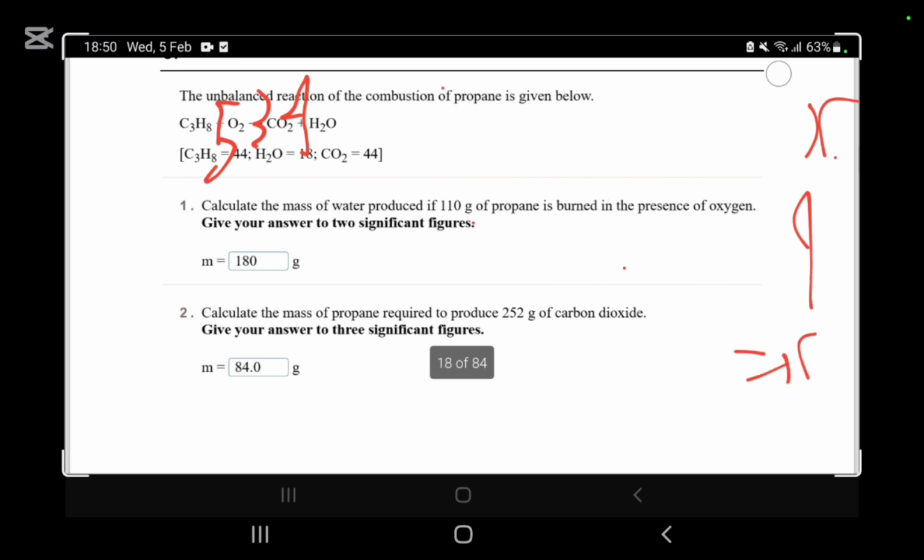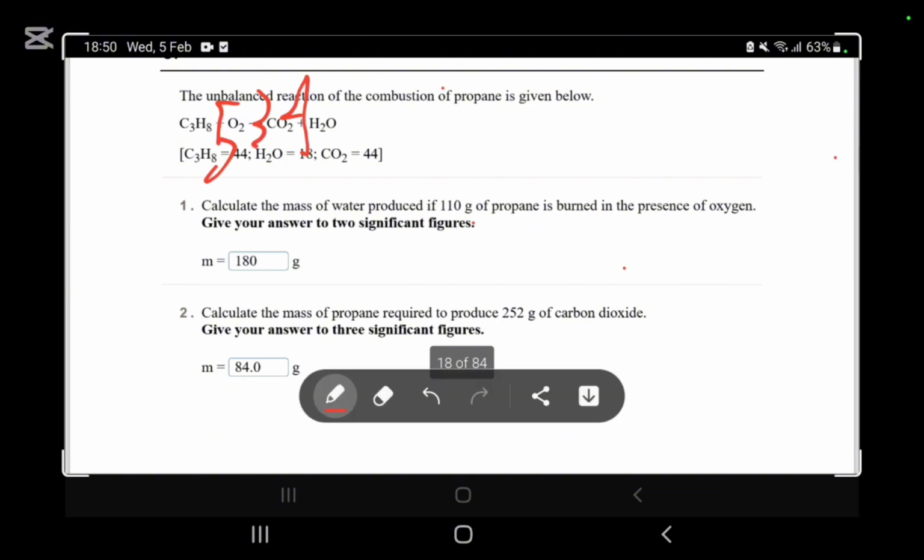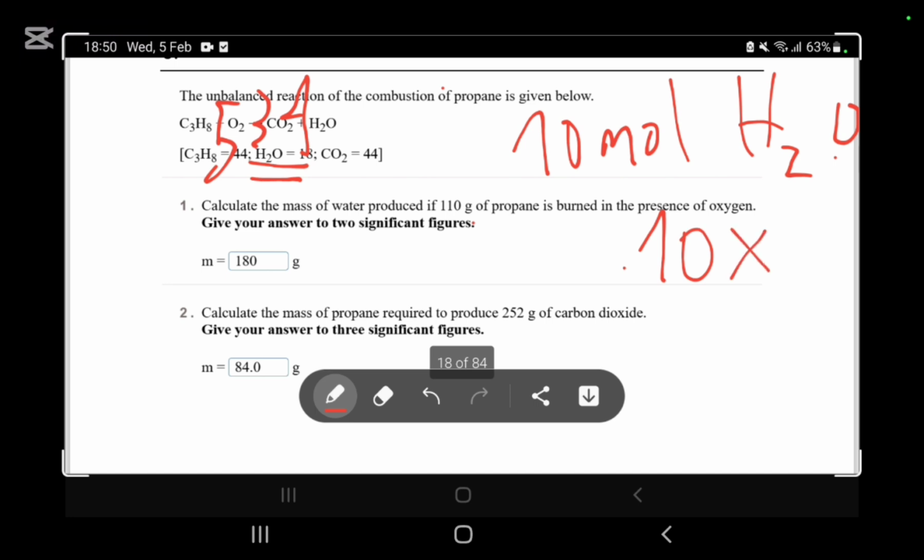So we have 10 moles of water, right? 10 moles of H2O. Now to get the mass, all we have to do is the moles times the molar mass. Here they gave us the molar mass to be 18, so we do 10 times 18, which will give us 180.